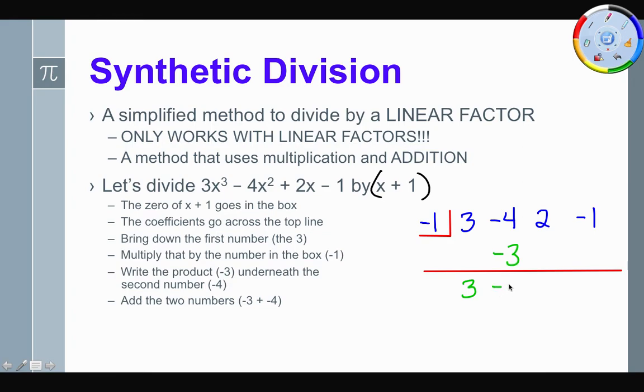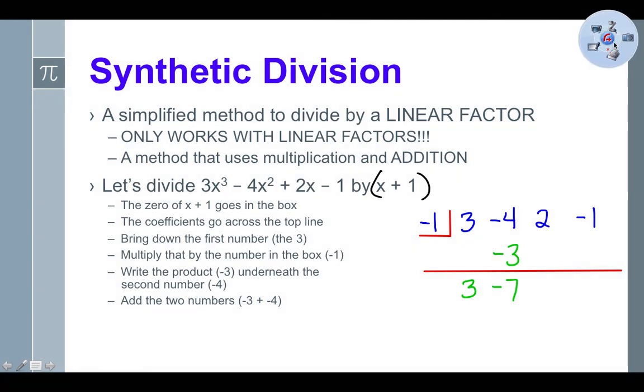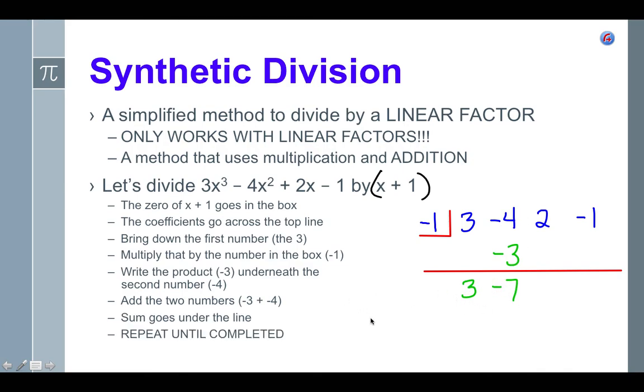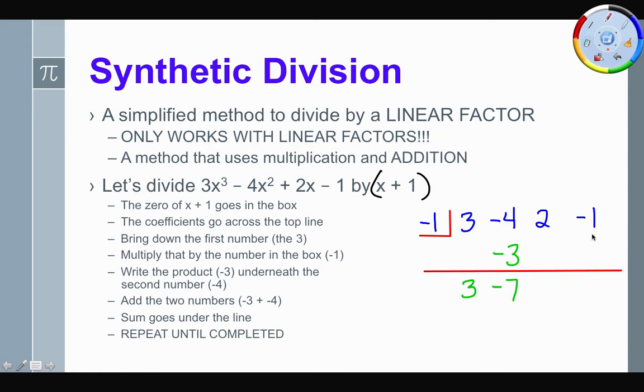When I add those 2 numbers, I get a -7. That sum goes down there where I put the -7, and you repeat the process until you get to the very end. And the very end for us is going to be a little box right down here.